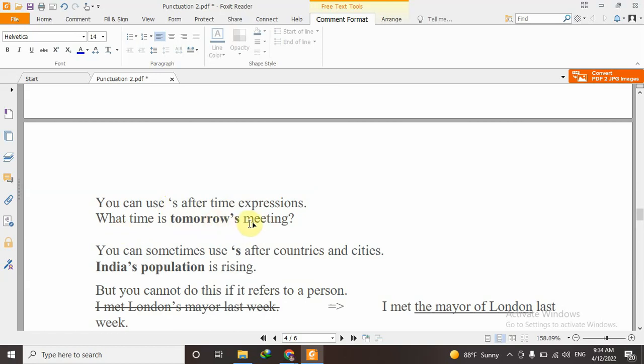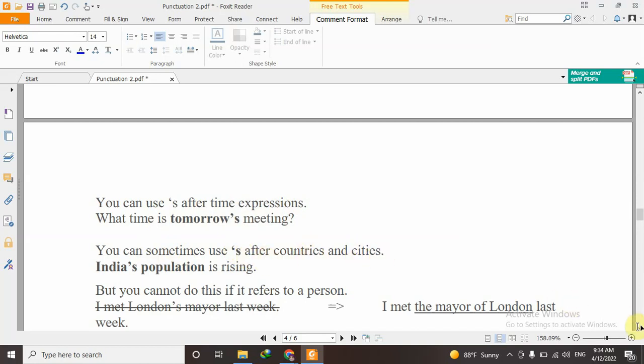And I can say today's match, the game of today. So you can use the possessive S within time expressions.